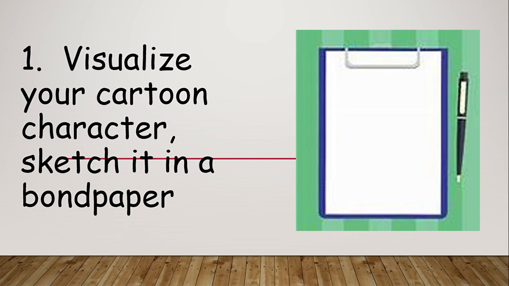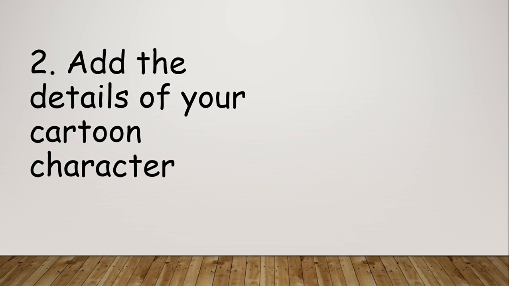And next to our step 1, we're going to add details on our cartoon character. Like for example, adding color in the eyes, adding brows, adding nose, caricatured nose. So those are the different details that we can add in our cartoon character.